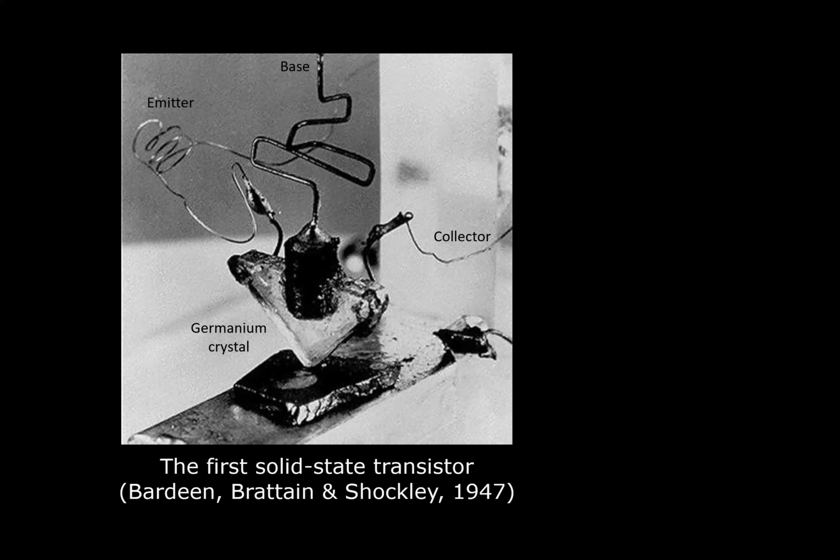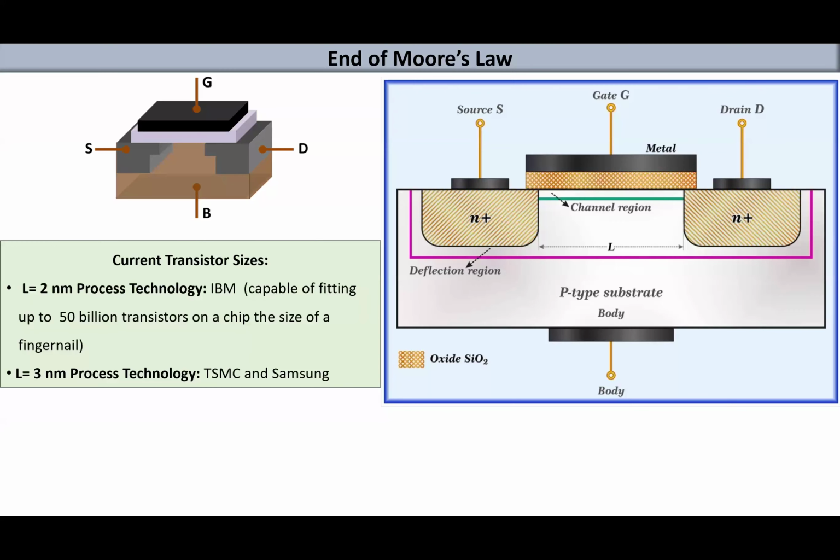In principle, I told you that the size of the transistors is reducing very fast, and we are already in the regime where this length L shrinks to around 2 nanometers.